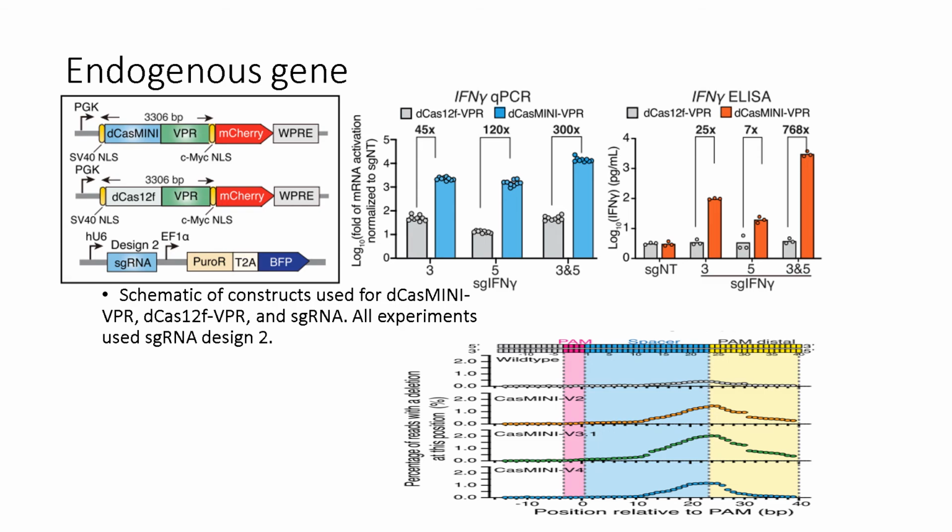For most tested endogenous genes, we observed that Cas-mini outperforms dCas12a VPR for gene activation.